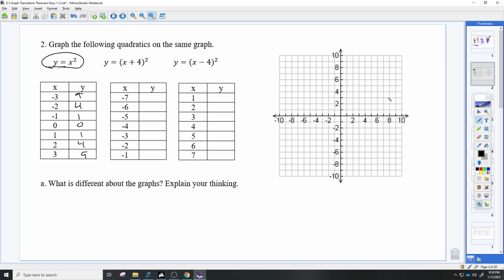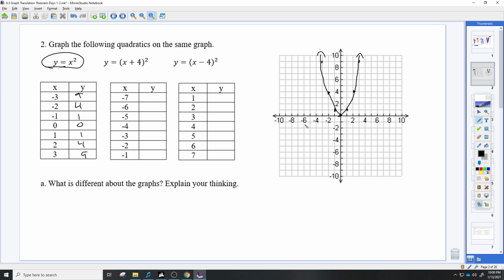Then we're going to plot the points and graph it. 1 is 1. 2 is 4. And 3 is 9. There we go. So this is like the original, like we had last time. Original black one.